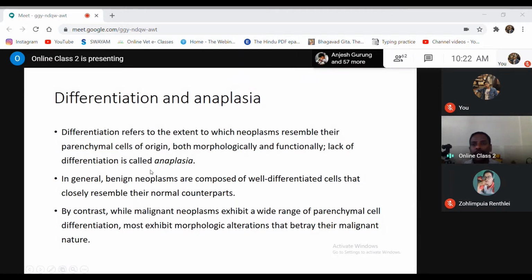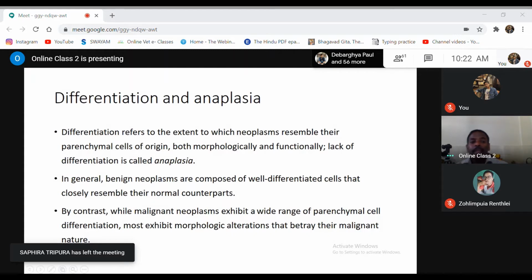In general, benign neoplasms are well differentiated. As a general feature, in the majority of conditions, benign neoplasms are well differentiated. What do you mean by that? It closely resembles the normal counterpart.